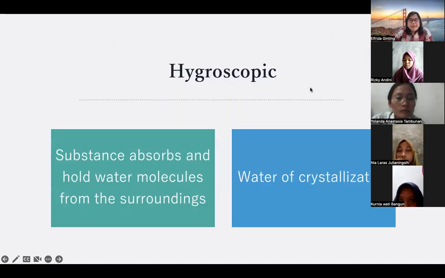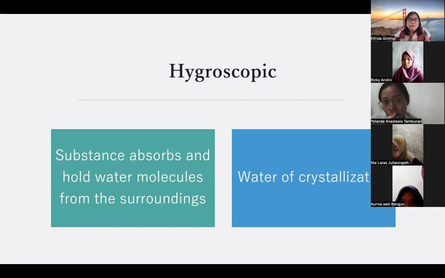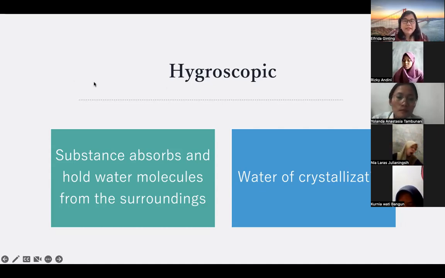And hygroscopic. The definition of hygroscopic is a material that can absorb water and form water of crystallization. So this is the meaning of hygroscopic.